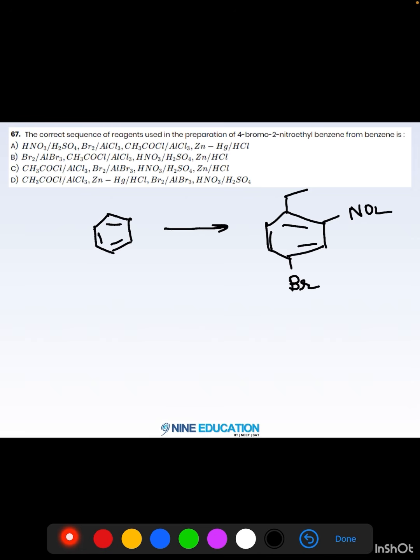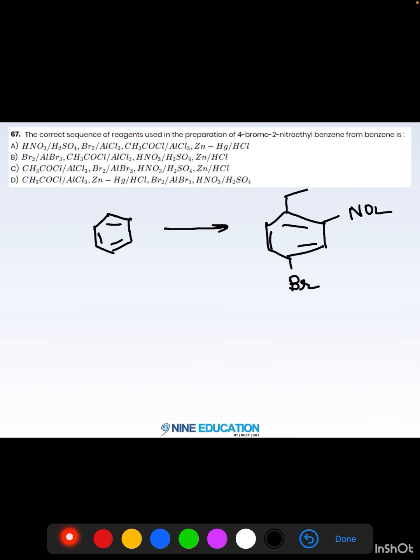And you can see that ultimately we need to bring 3 substituents onto the benzene. So here what I am able to see is in option number D, we are doing Friedel-Crafts acylation first, and then we are doing zinc Hg/HCl, meaning Clemmensen-type reduction, and then we'll do bromination followed by nitration. For me option D is looking the correct option.